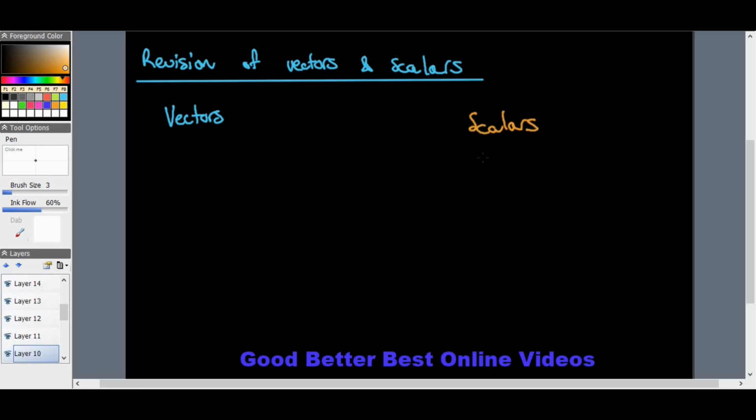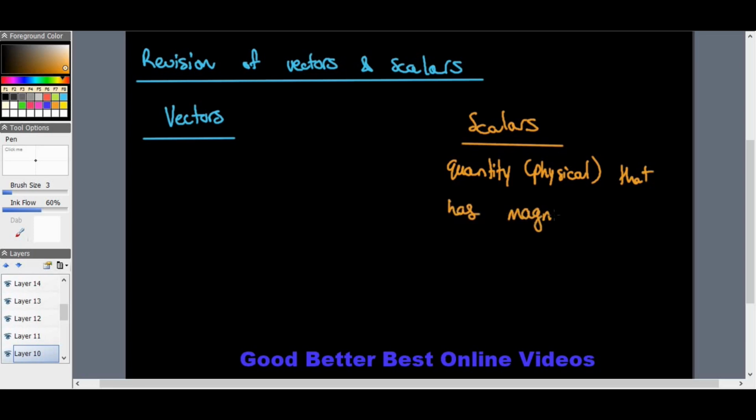Now, scalars are very easy. The definition is a little bit easier. A scalar is, first of all, a physical quantity that, and I'm paraphrasing a little bit here, has magnitude. Magnitude means size only.